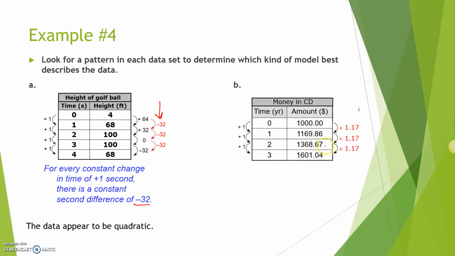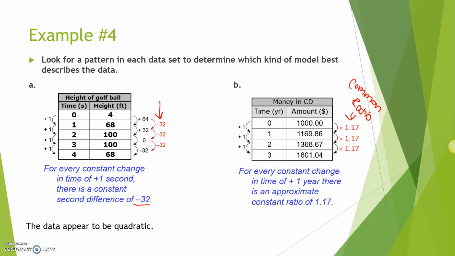And then what they did is they found a common ratio, and the common ratio of my amount of money is multiplied by 1.17. And when you have a common ratio, when you're multiplying by a constant value, that is going to represent an exponential graph. So for B here, this data appears to be exponential.